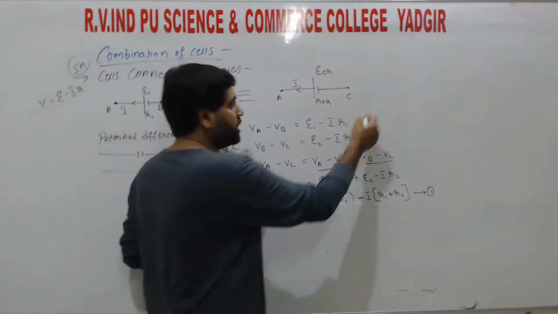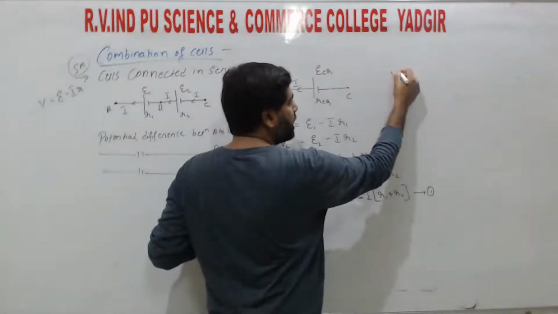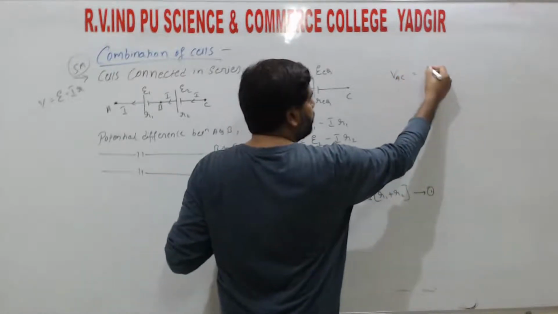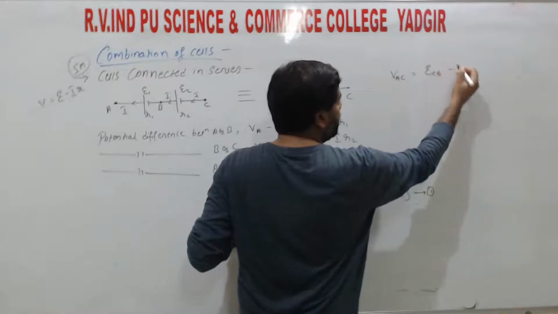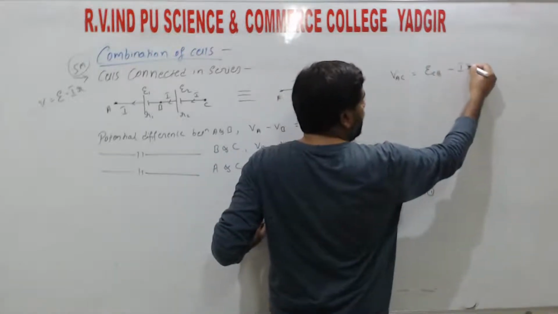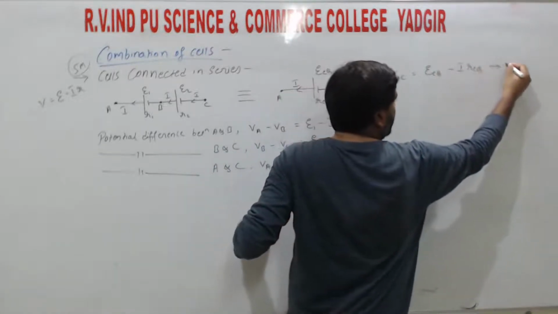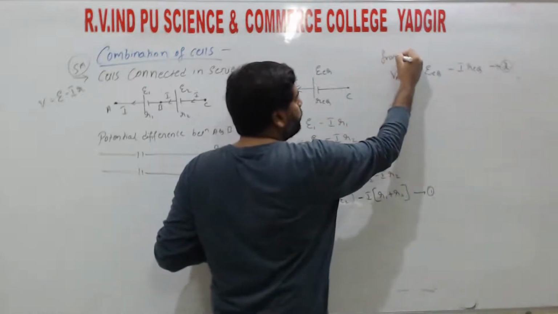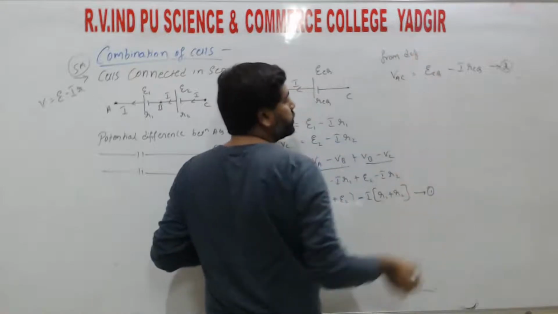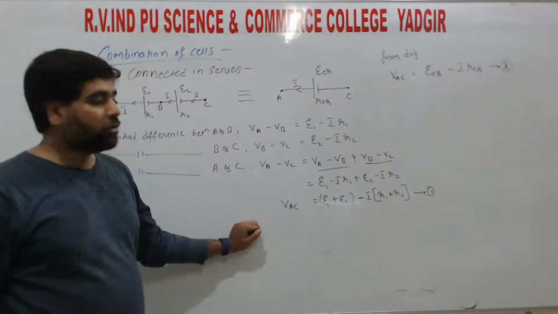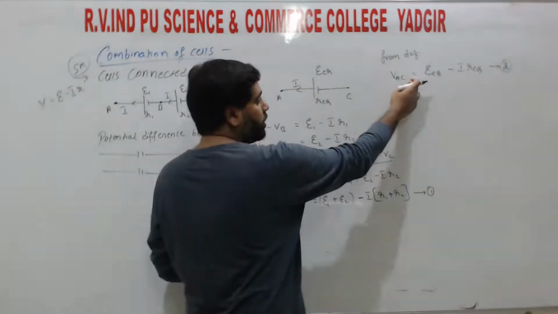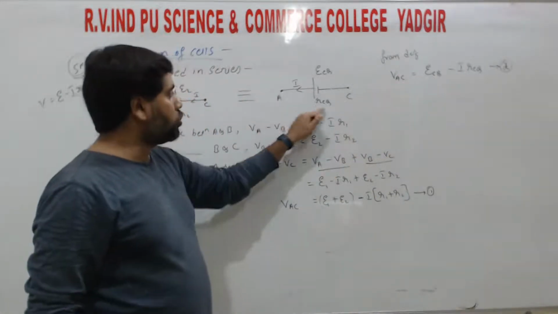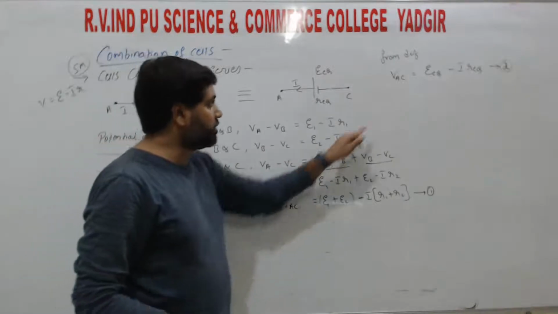From the definition, we can write VAC equals E equivalent minus I R equivalent. Take this as the second equation, from the definition or the formula. Now comparing equations 1 and 2, we have the common voltage across the two cells, VAC and VAC.